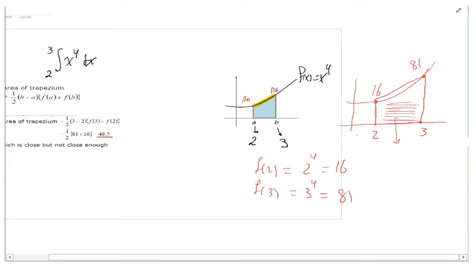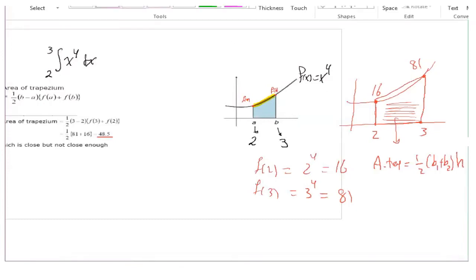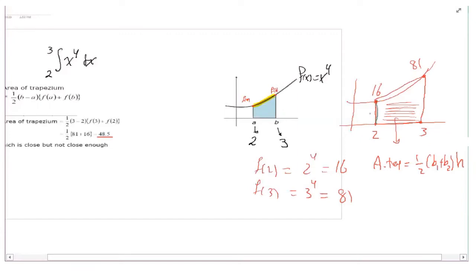We all know that if I have a trapezium and I wanted to find its area, it is equal to half the sum of the two parallel bases multiplied by the height. So the two parallel bases here are base 1 and base 2. And the height is the line segment joining between them.